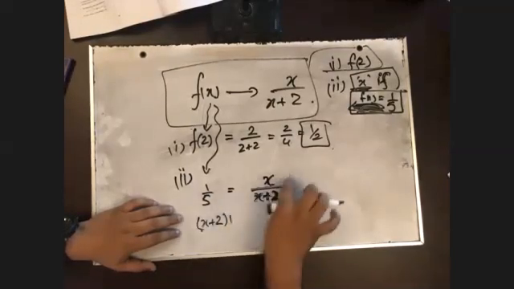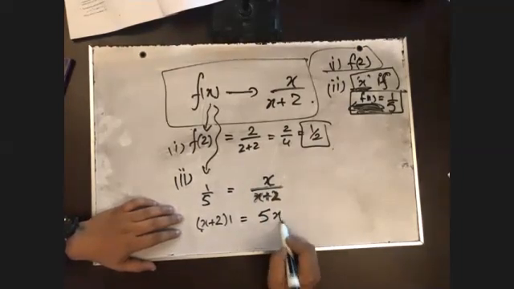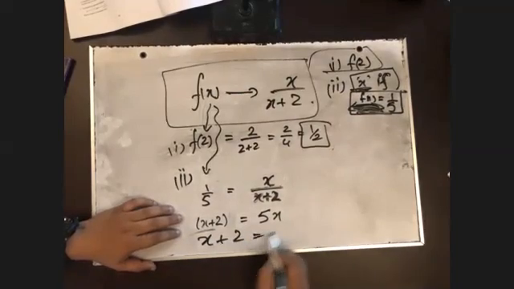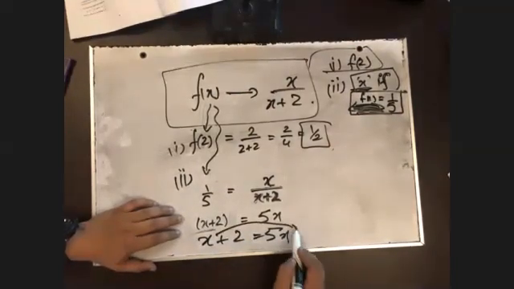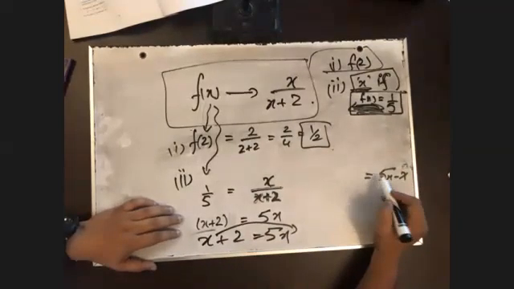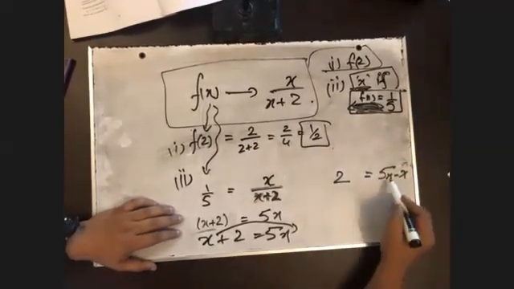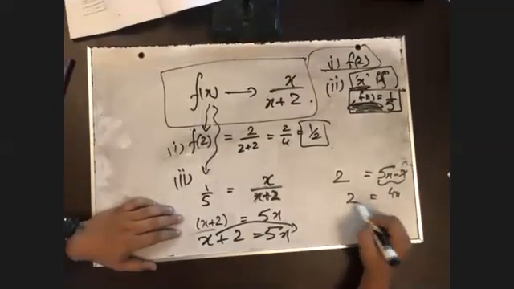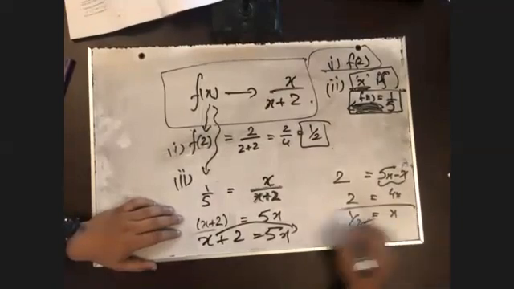And the 5 I send up, it becomes 5 into x is 5x. So 1 into anything is the same thing. x plus 2 is equal to 5x. I send x on this side, it becomes 5x minus x is equal to 2. Now 5x minus x is 4x. 4x is equal to 2. x is equal to half.